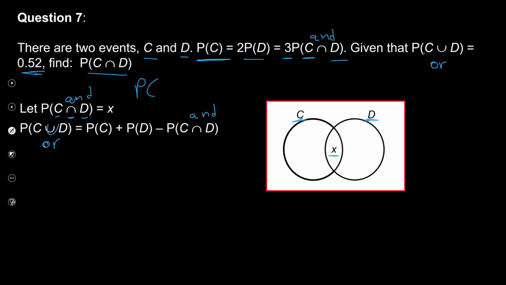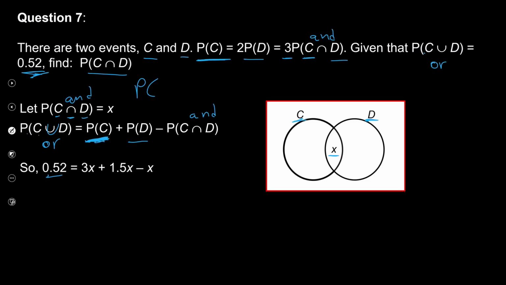So the probability of C or D is equal to the probability of C plus the probability of D minus the intersection. Now, let's substitute, because we know the probability of C or D is 0.52, which is given there. Are we together?